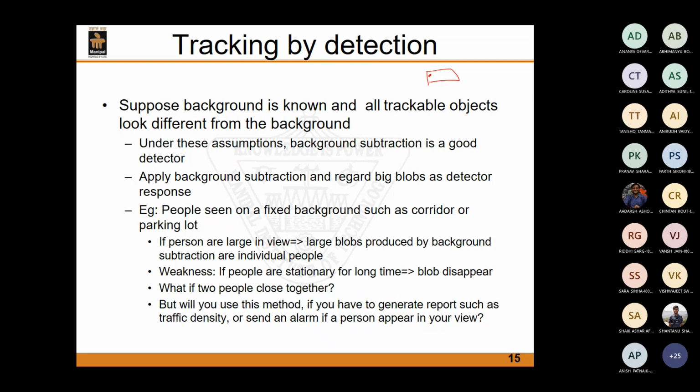In this case, what you're trying to do is see what is the trajectory or path of movement of the people. So the input for the algorithm would be the video sequence from the CCTV camera, and the output you obtain would be the trajectory or the path of the people who are moving.